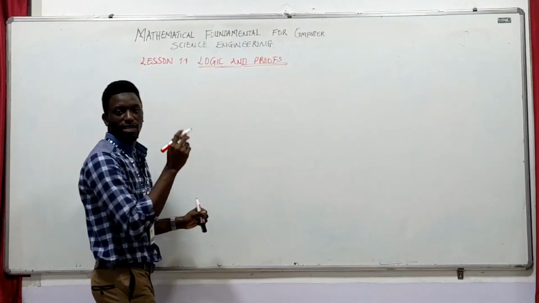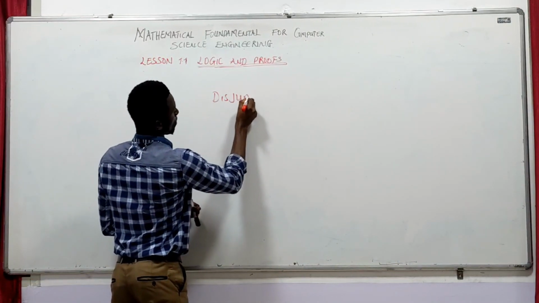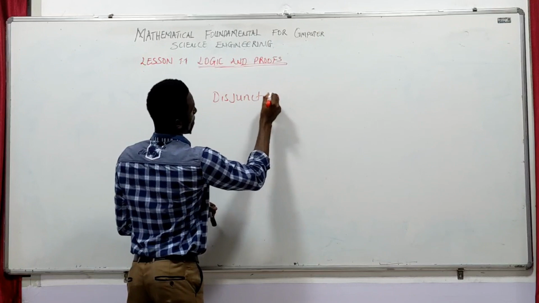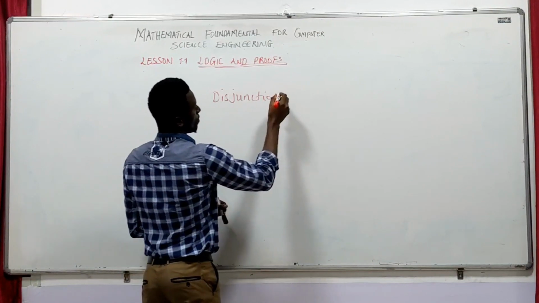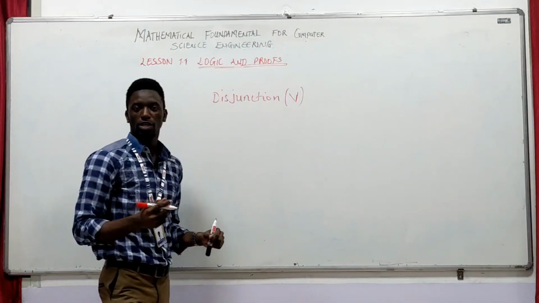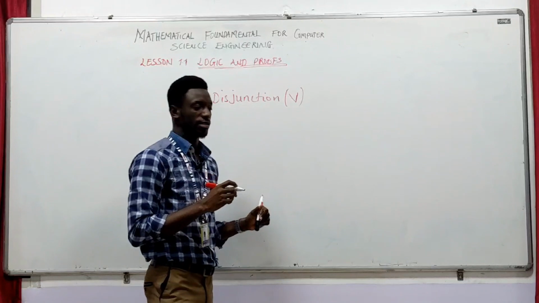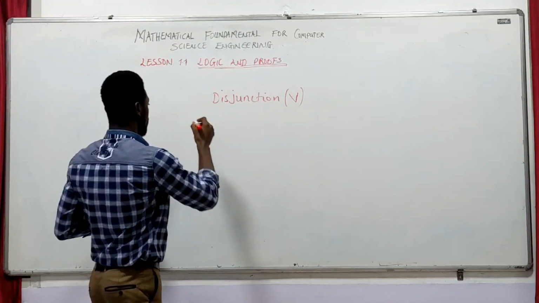So now let's see disjunction. Disjunction is also referred to as OR in terms of gates, OR gates. Let's see the truth table here.